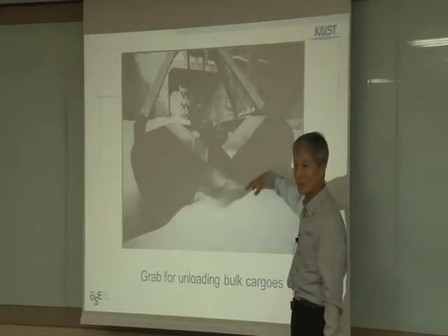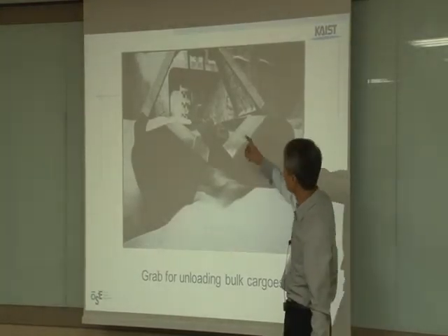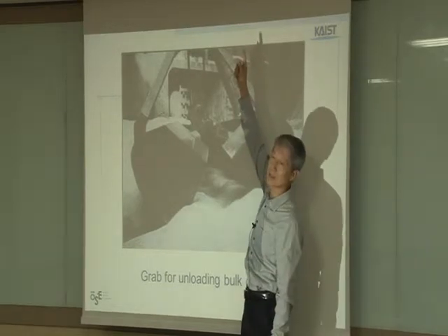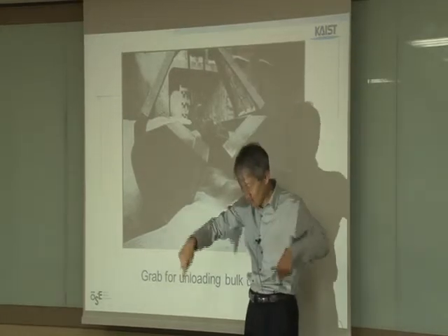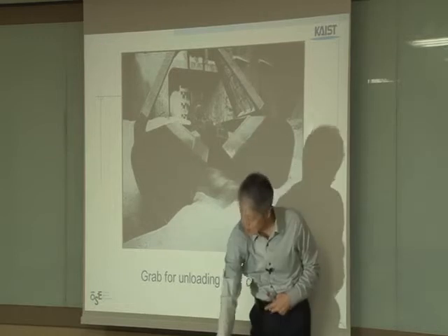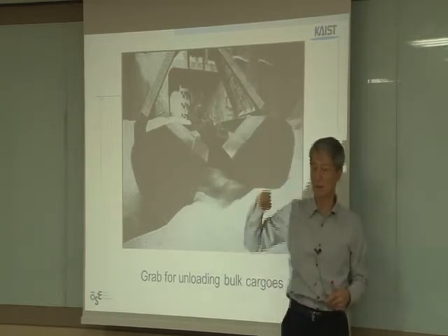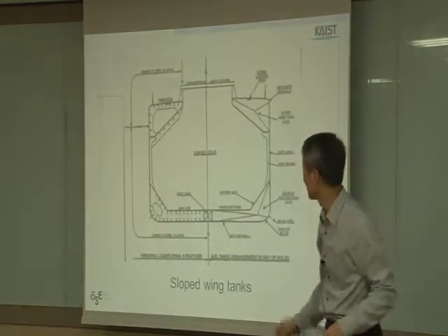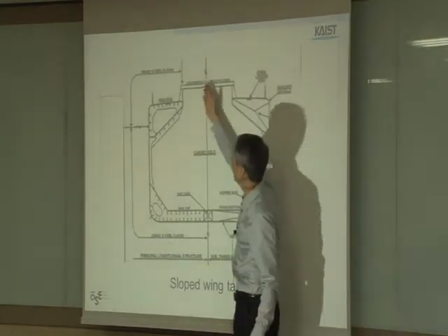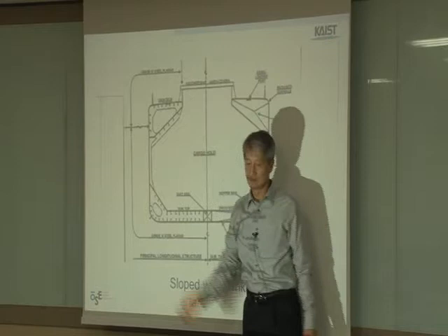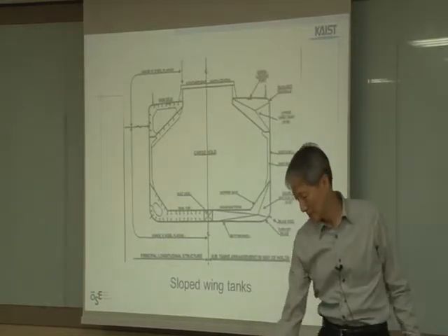This is inside the cargo hold, right? So above that there is a hatch cover, hatch opening, and then the grab comes into the cargo hold and catches the cargo. So there is some size of hatch opening there, enough size of hatch opening.